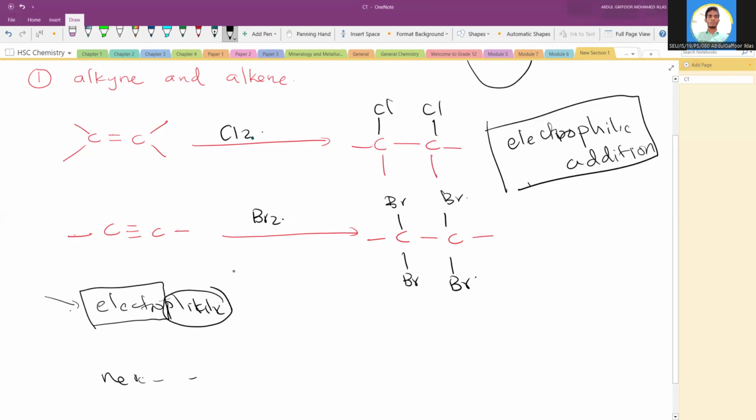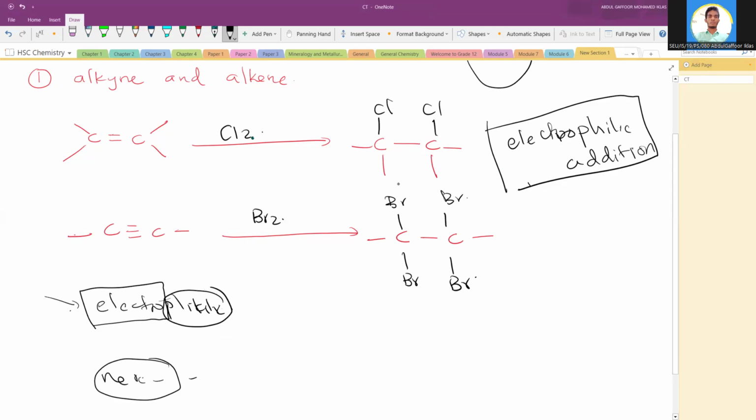Hydrophilic means it attracts water molecules. So here electrophilic means something that attracts electrons, so it should be a positive ion or a cation. Nucleophilic means it attracts a positive ion, so it should be a negative ion. So this type of reaction is called electrophilic addition. That's what we have to know.